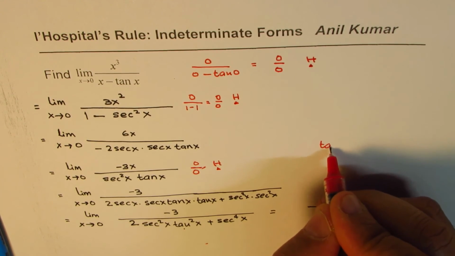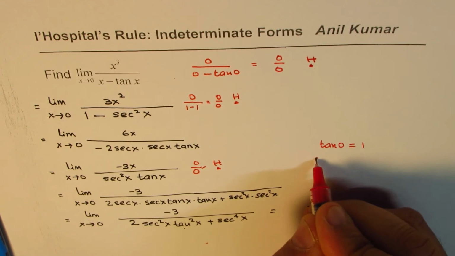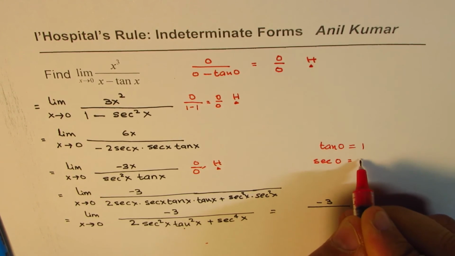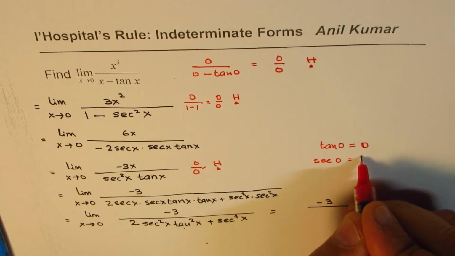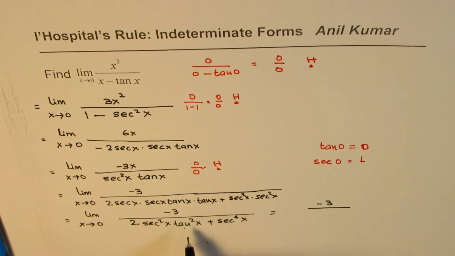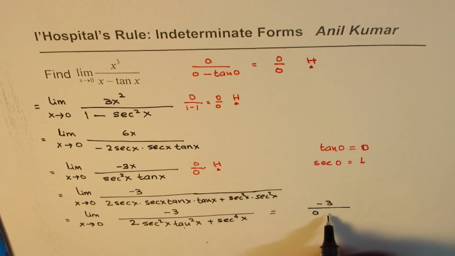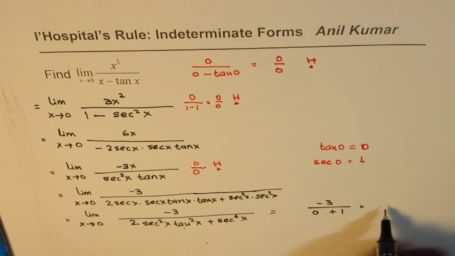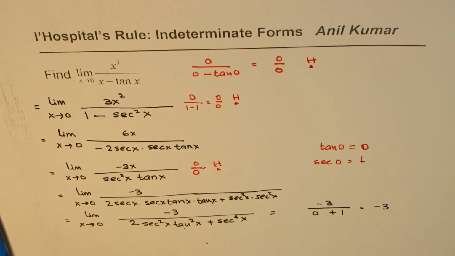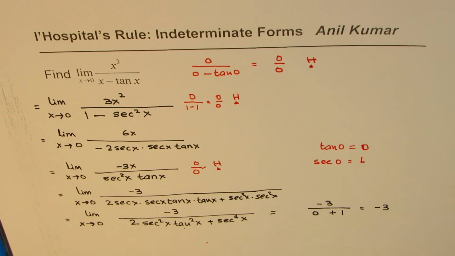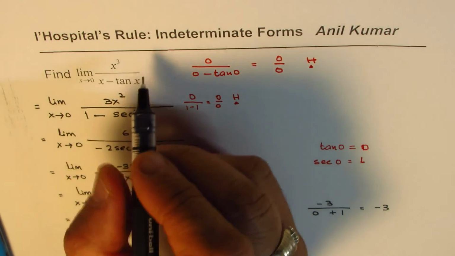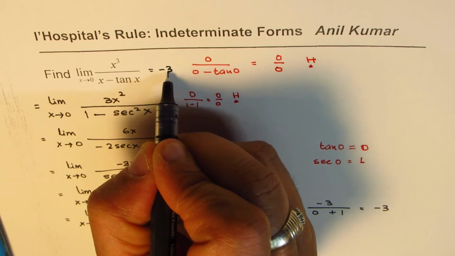Tan 0 is 0 and secant 0 is 1, right? So 0 times anything is 0, so we get 0 there, and 1 to the power of 4 will be 1. So what we get here is minus 3. So the limit of this function as x approaches 0 is minus 3, right?